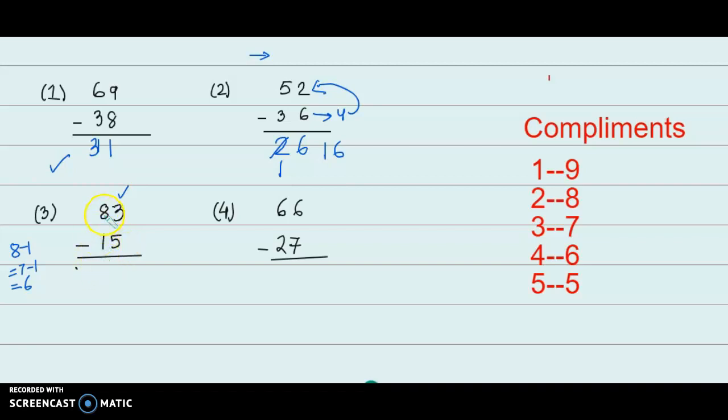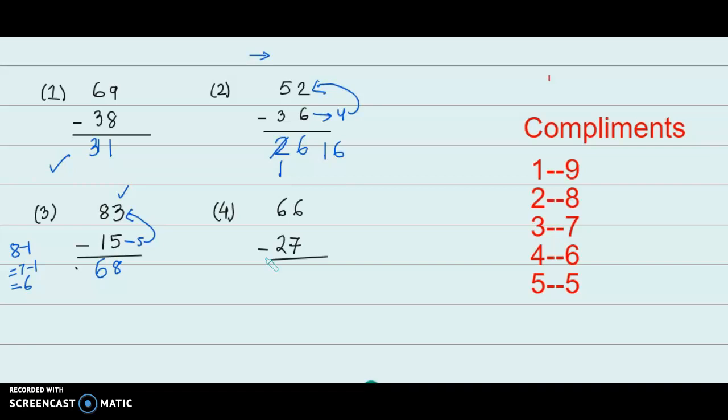So you have to subtract 8 minus 1 minus 1. That gives you 6. In the second step, we follow the same rule: find the complement of 5, which is 5, and add this 5 to this 3, so you get 8, and our answer is 68.